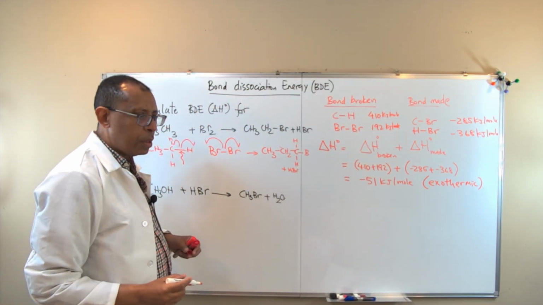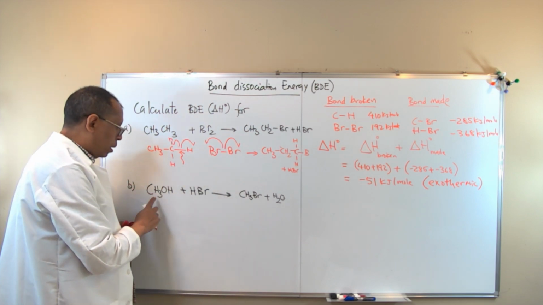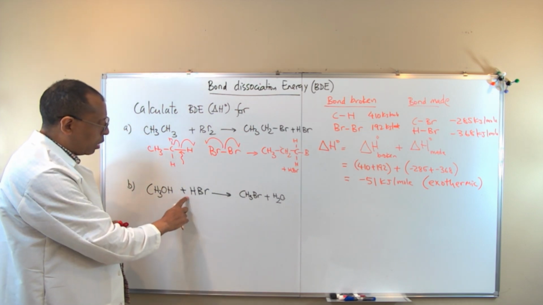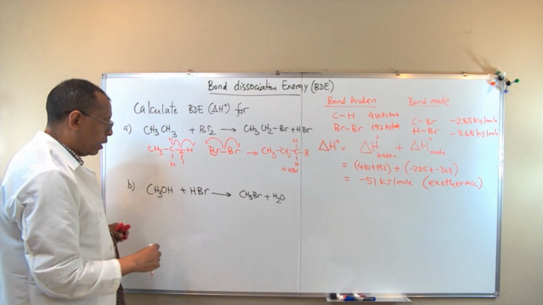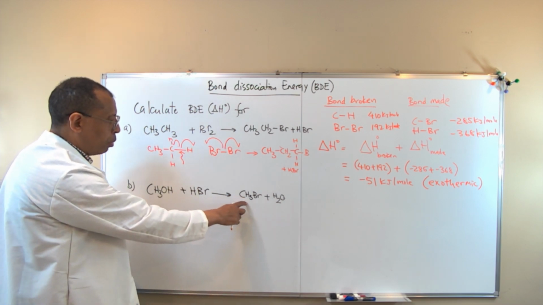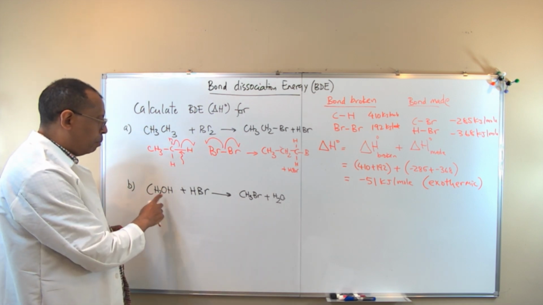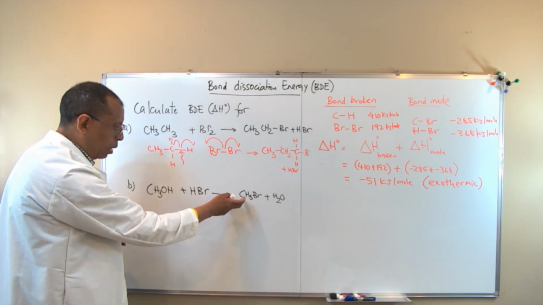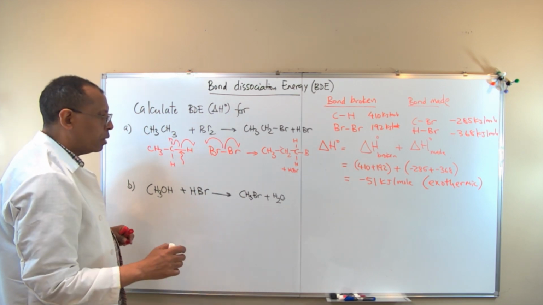So similarly, I'll be solving the same for methanol reacting with HBr, hydrobromic acid, hydrogen bromide, to form methyl bromide and water. So here, the bond that's being broken, obviously CH3 is still there, a carbon-oxygen bond is broken.